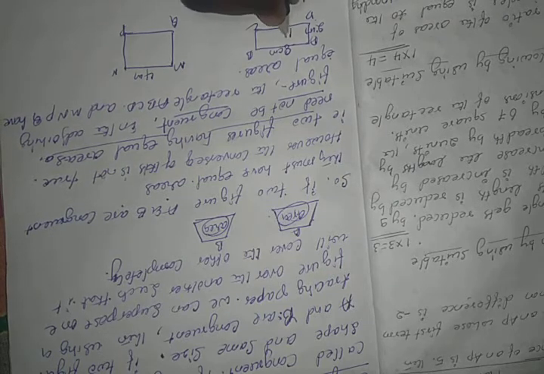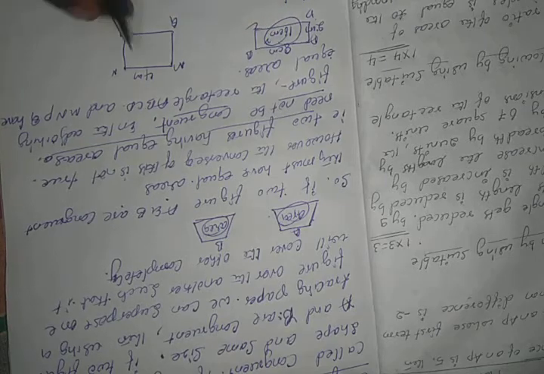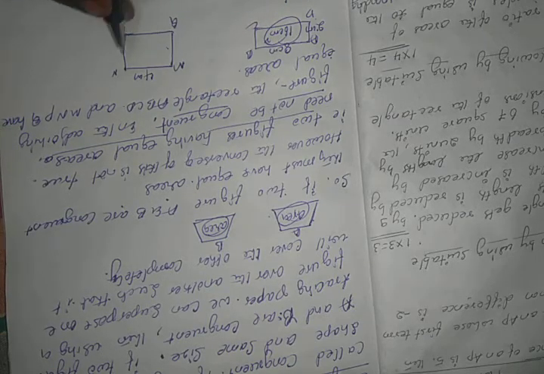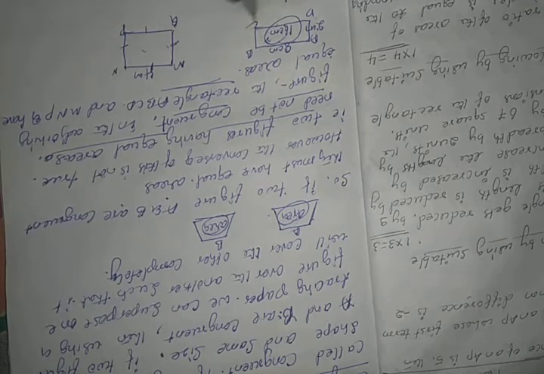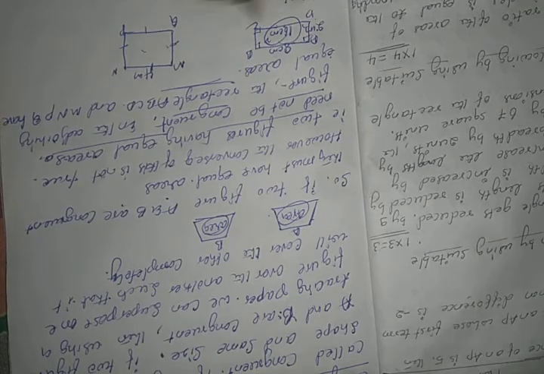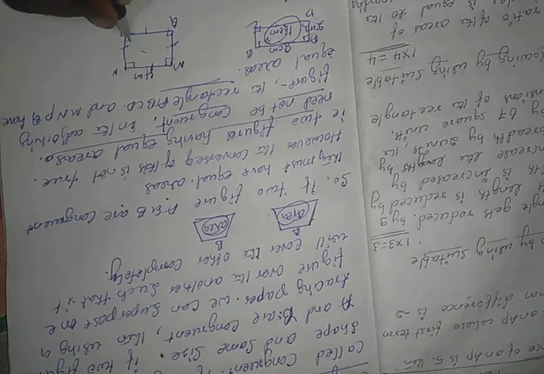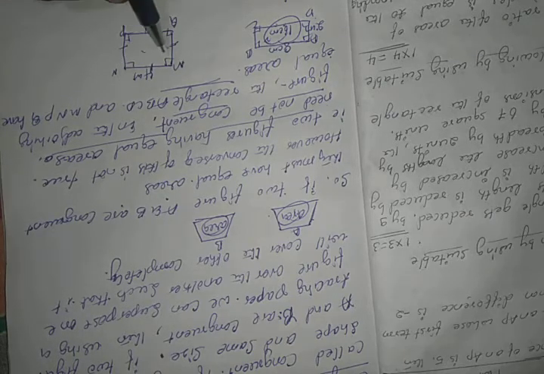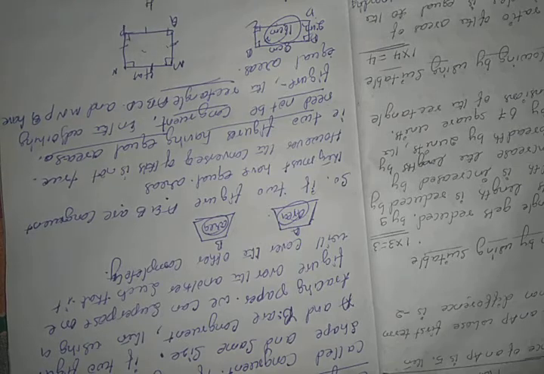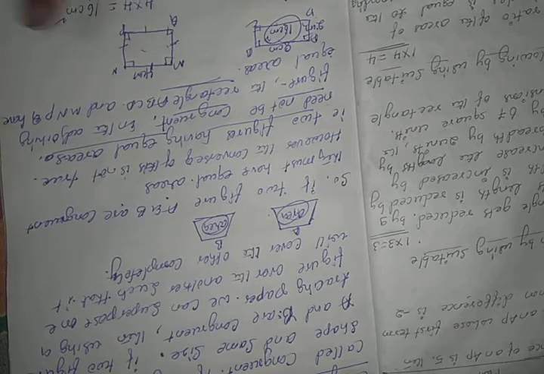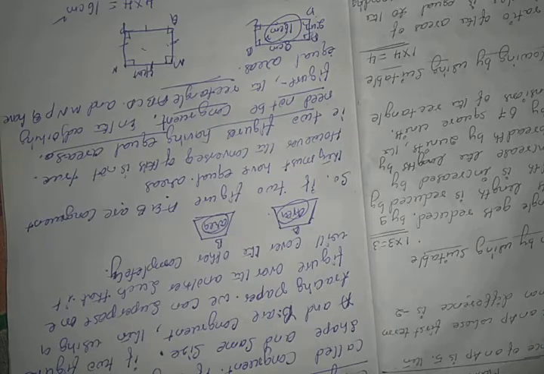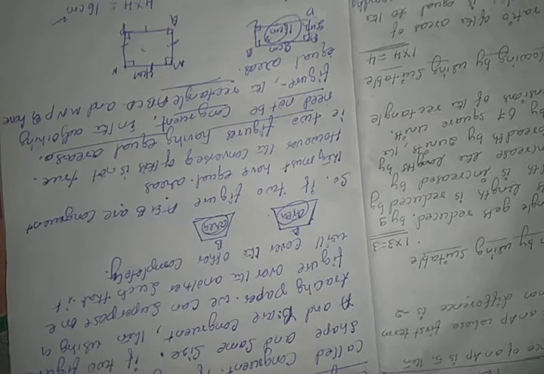Similarly, the area of a square: square means all sides are equal, and all angles are 90 degrees. So the area of the square is A into A, that is 4 into 4, which is 16 centimeter square. So both have equal area but need not be congruent; these two figures are not congruent.